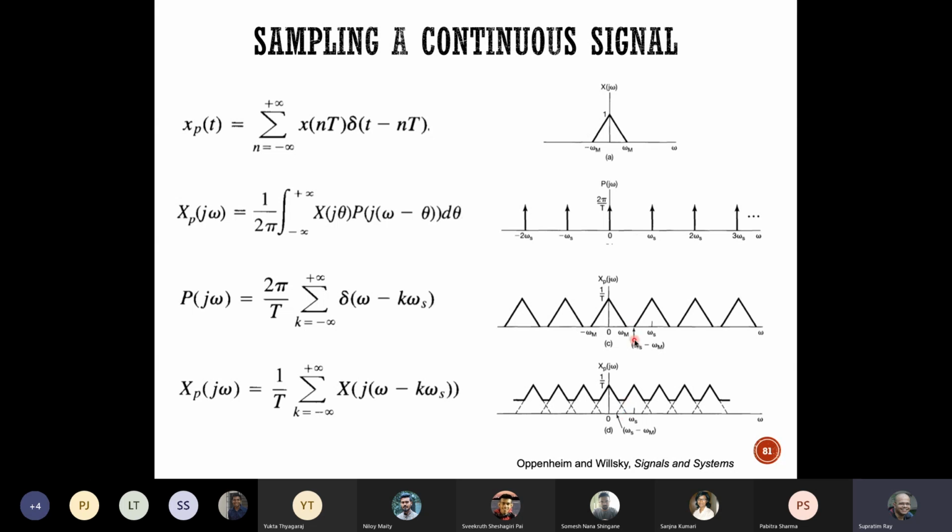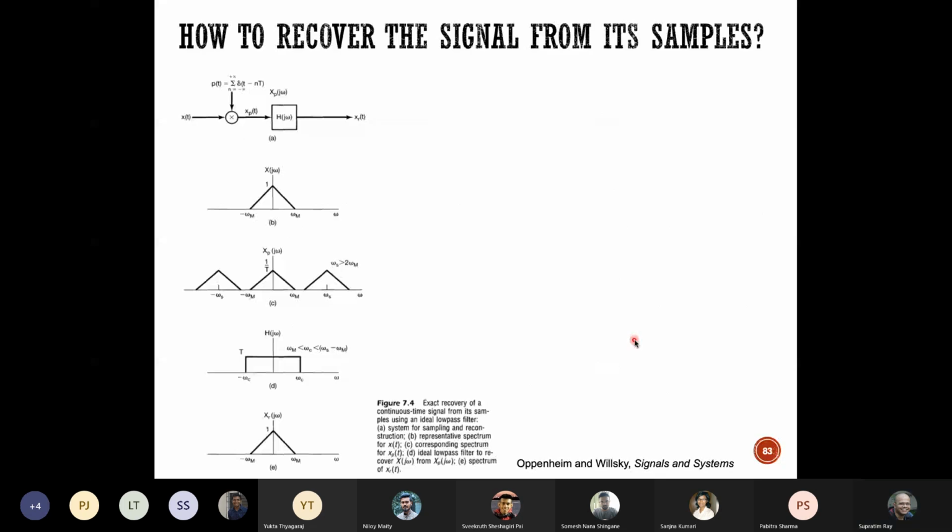If that is not the case, you will be able to recover the signal from its samples just by multiplying in the frequency domain with an ideal low pass filter, which is a rect function like this. If you multiply this function with that, all these side lobes will go away and you will be left with this. Okay, and that's the way to reconstruct the signal from its samples.